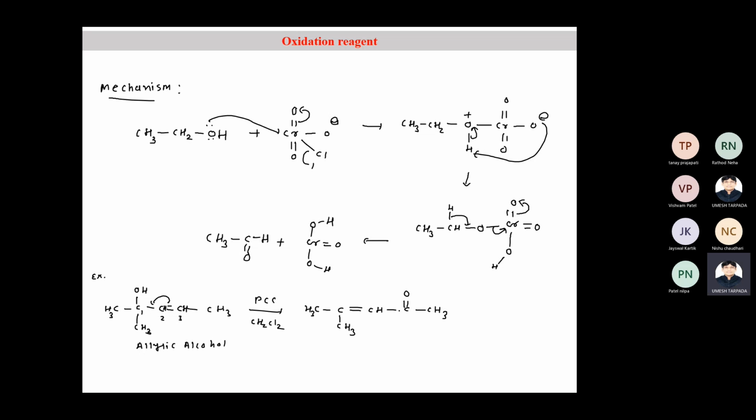This type of migration takes place where 3 atoms get affected. So this is sometimes called 3,3 sigmatropic type reaction.